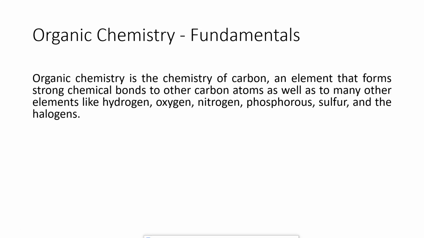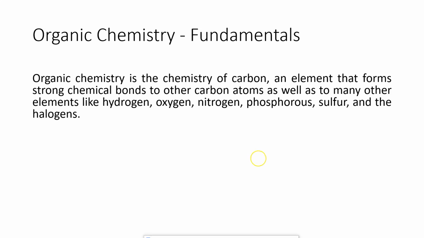Remember, the halogens are those elements located in group 7A in your periodic table, okay? All the way to the right, right before the noble gases, okay?